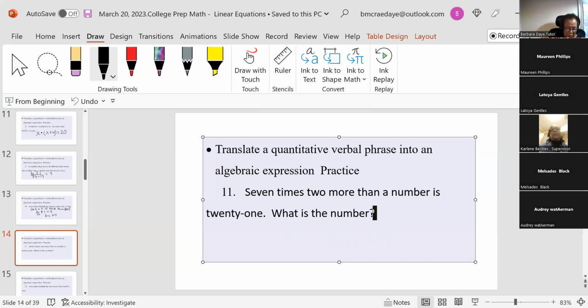What is the number? I want you to put it in the algebraic expression and solve for the number. 7 times 2 more than a number.